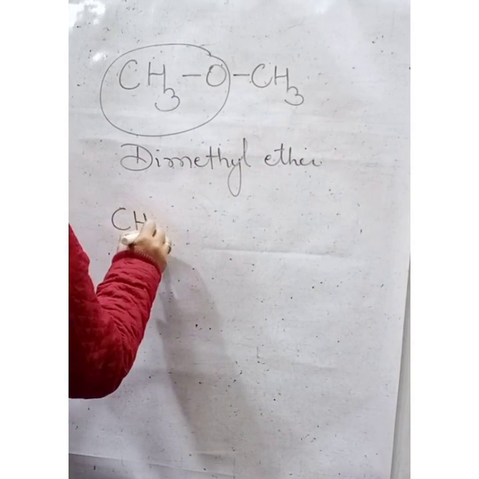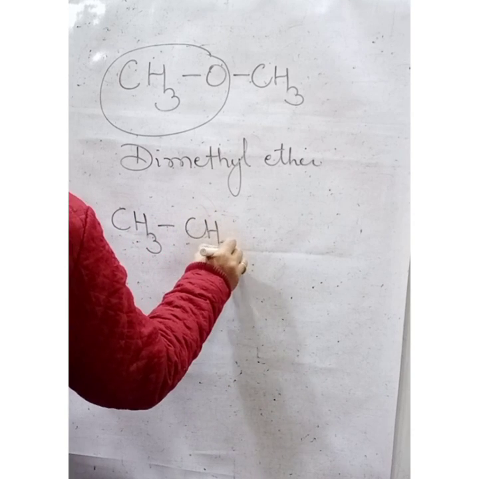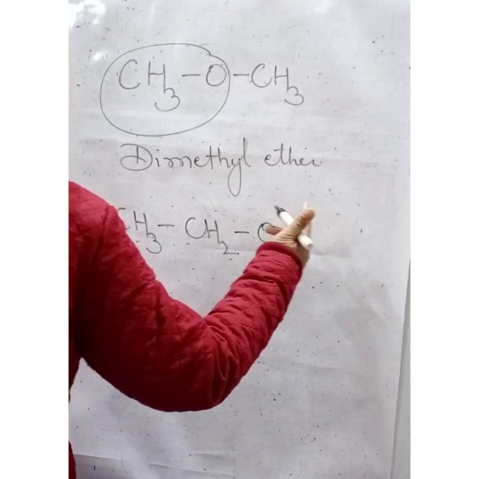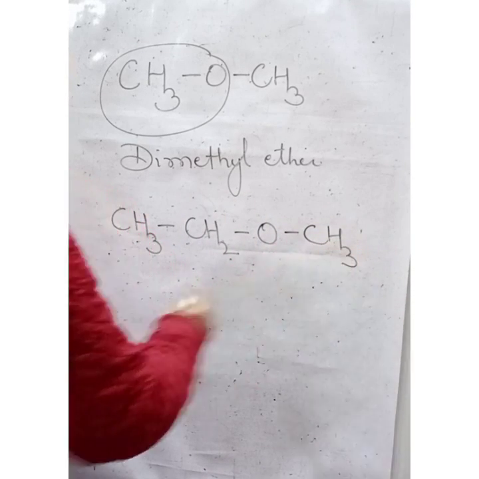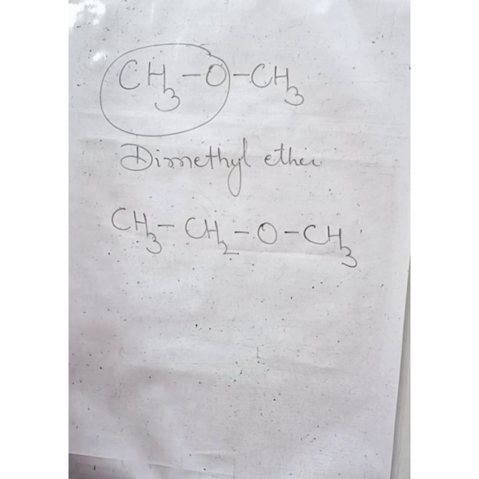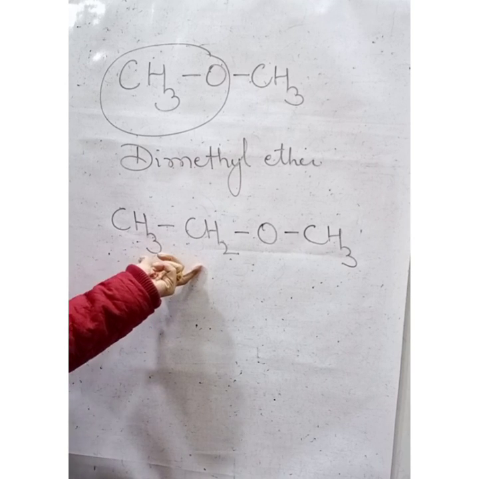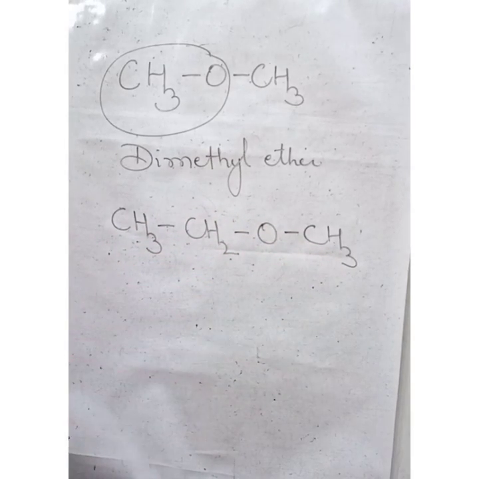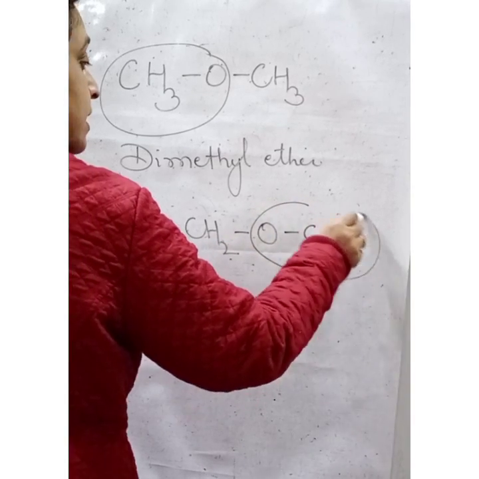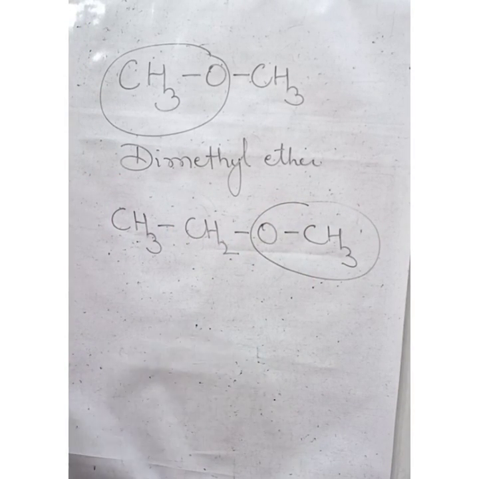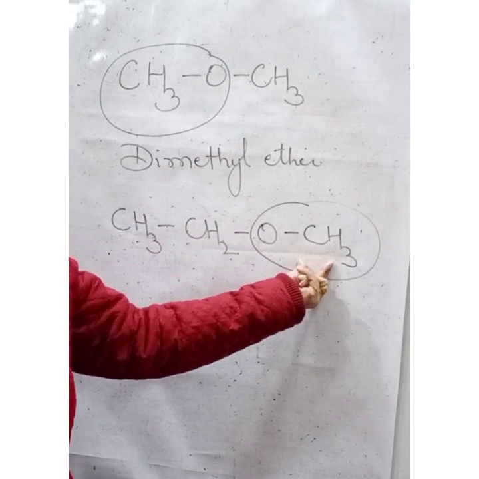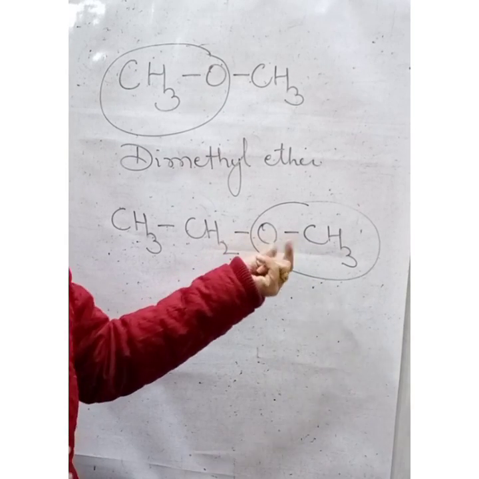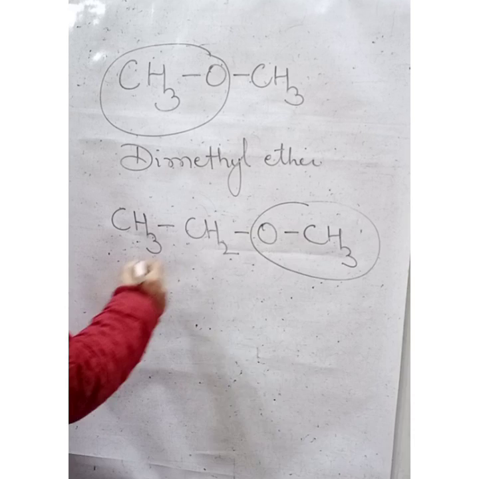Let us take another example. Here, circle the carbon chain attached to the functional group. On this side there are 2 carbon atoms attached and on this side there is 1 carbon atom attached. So circle the carbon atom attached to this. Now on one side there is an ethyl group present, on the other side a methyl group. The one which comes first in alphabetical order is written first.